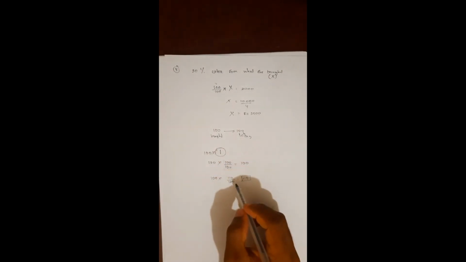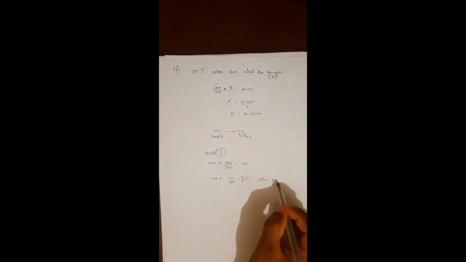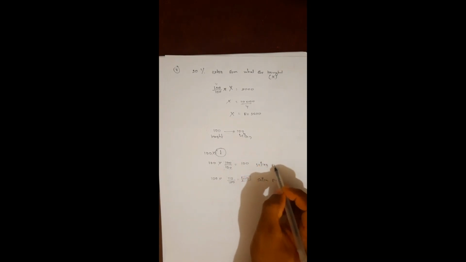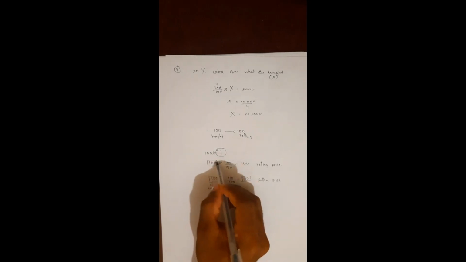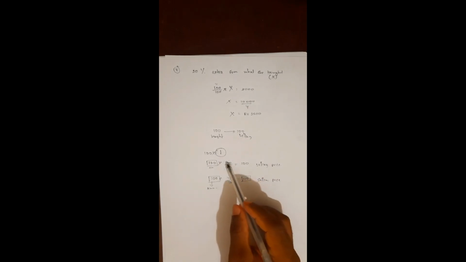So this is the selling price. This is the amount. These are the percentage portion that we are selling.